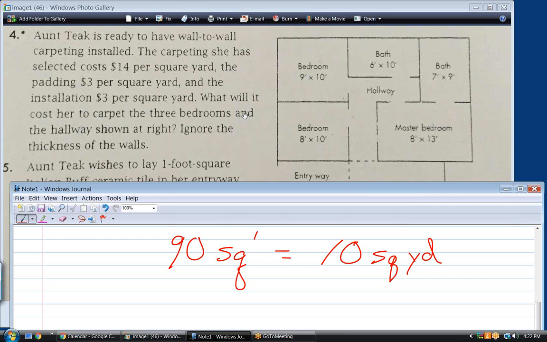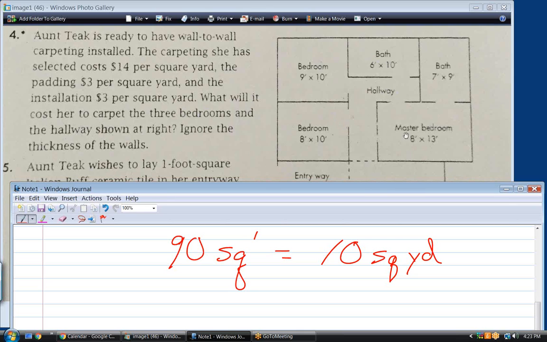What will it cost her to carpet the 3 bedrooms and hallways? Ignore the thickness of the walls. So this problem is going to be taking that yardage, not the bathroom, 3 bedrooms and the hallway.